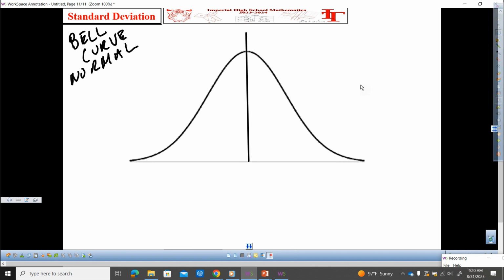So, what is that middle, Mr. Q? Label this. Tell your neighbor what that is. Yeah, the mean. The mean is going to be the standard. For example, I'm going to be nice and say that all of you are very dedicated to your studies.